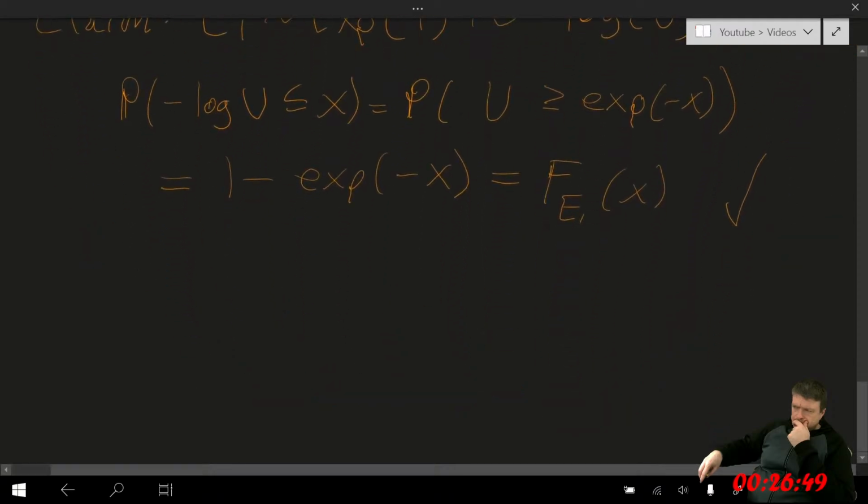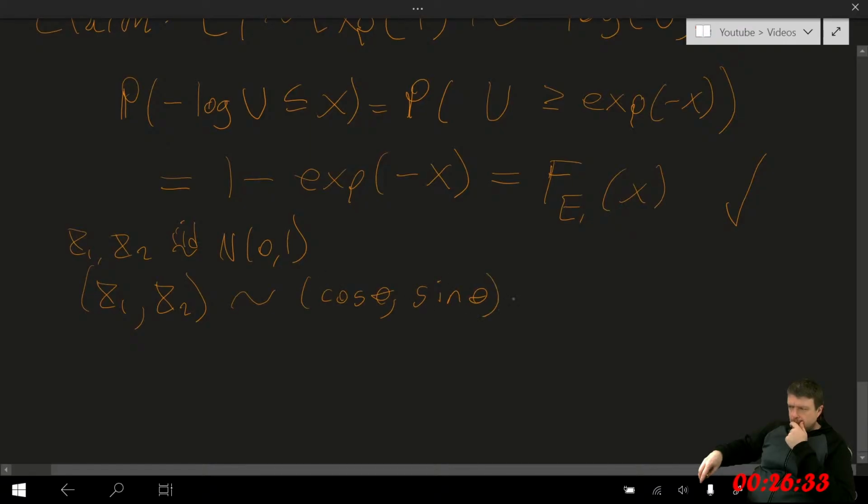Now, finally, we have a pair X1, X2, where X1 and X2 are IID standard normal. I argued in the polar algorithm that this can be written as cosine theta, sine theta, multiplied by the square root of 2 times an exponential 1.